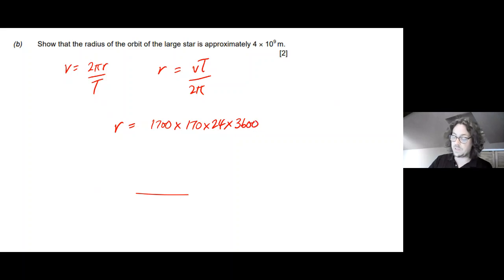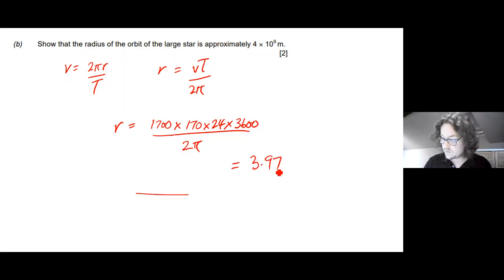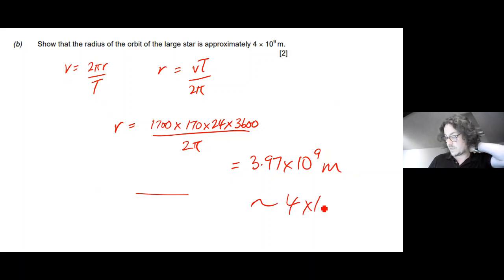Because that is going to be the time, just converting that into seconds, and then we divide that by 2 pi, and we end up with an answer which is equal to 3.97 times 10 to the 9, and that's meters, which is, of course, approximately 4 times 10 to the 9 meters.